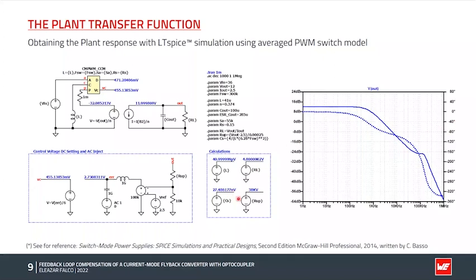For more information about how to put together this simulation, you can consult the book Switch Mode Power Supplies, SPICE Simulations, and Practical Designs, again from Christophe Basso, which I used to put together this simulation.